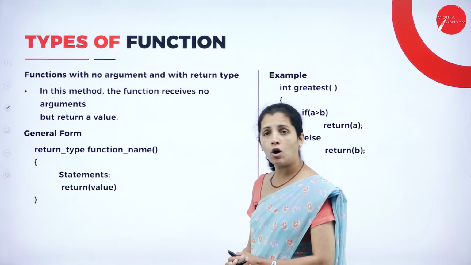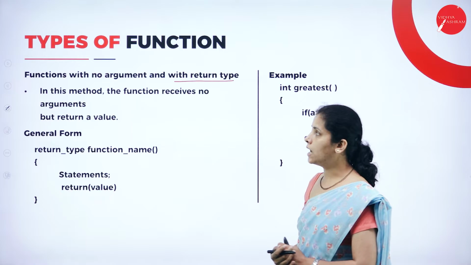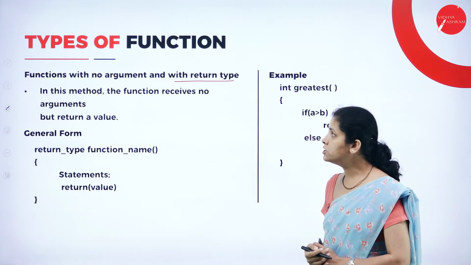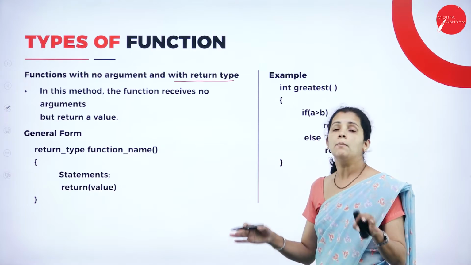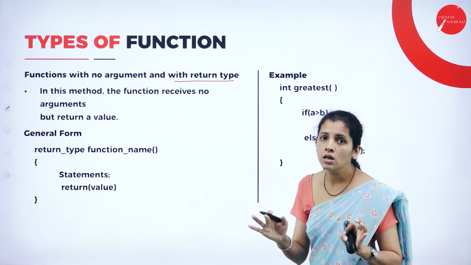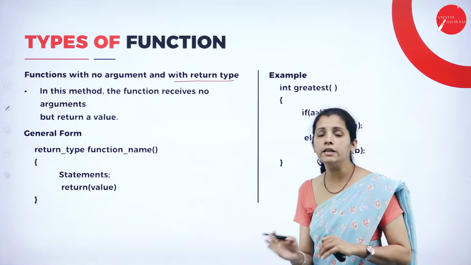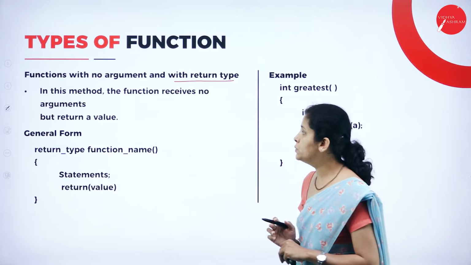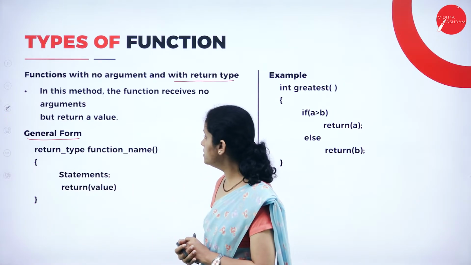Function with no argument and with return type. What is the name of the function? I have no argument. That means my function does not receive any argument, but still it's going to return the value. See here, I'm going to have the syntax here.